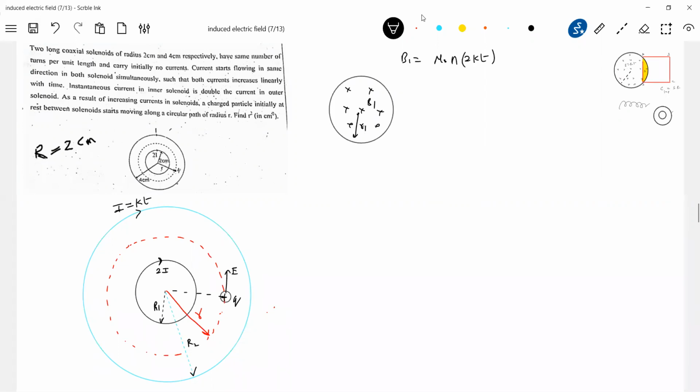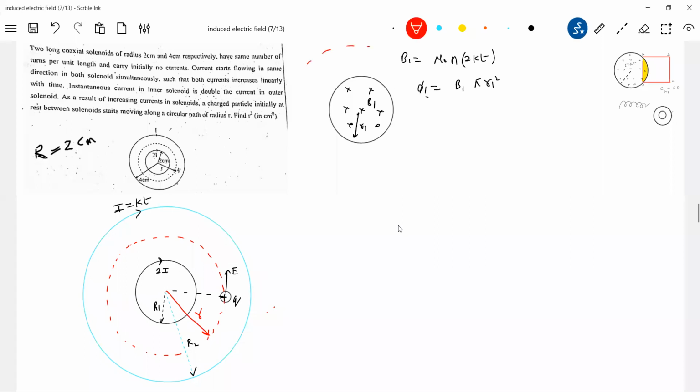And then what is the flux linking till here? Flux due to the first solenoid should be equal to B1 into effective area. Effective area is pi R1 square only, no? Because where is R?